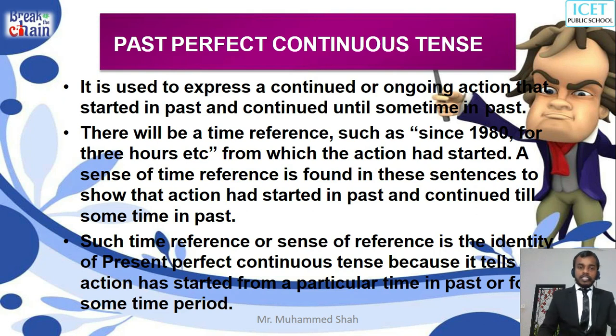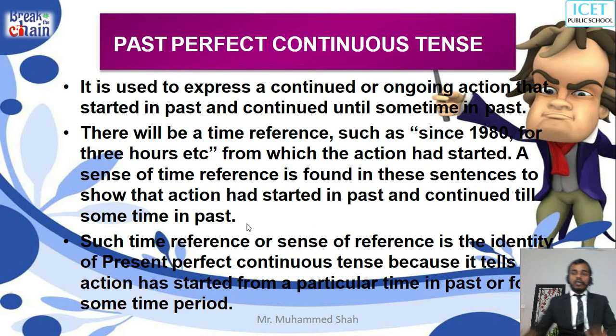Sometimes since this time, or for this many hours, days, months or years will be given. Such a time reference or sense of reference is the identity of the past perfect continuous tense, because it tells that the action has started from a particular time in the past and continued for some time.